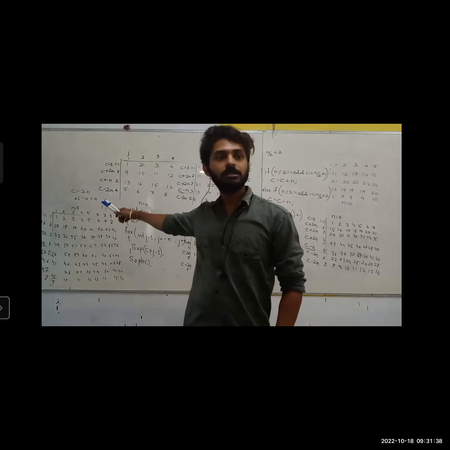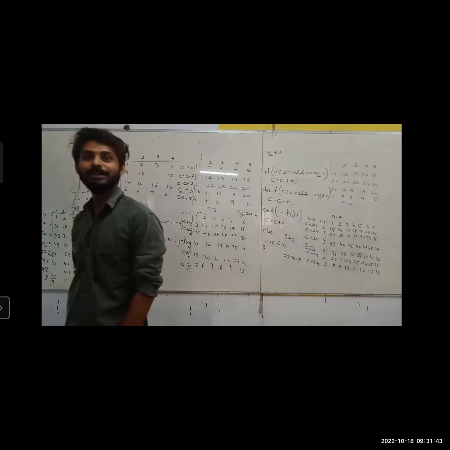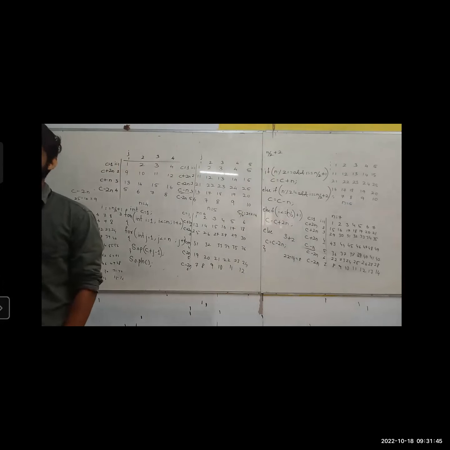Because n value I have considered here as 8. Can someone please check? I told you, please work out for n value as odd. But is it working fine? Really? Great then.